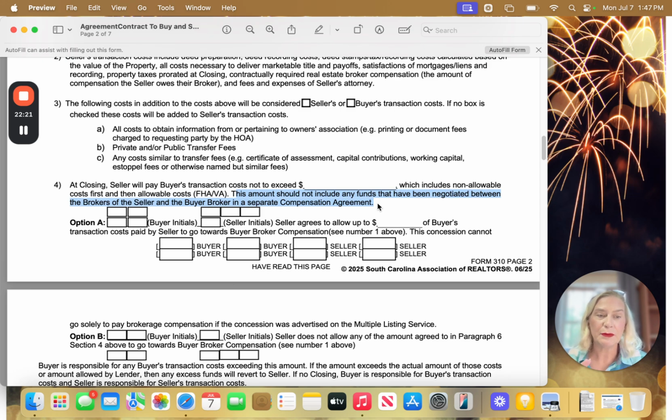You would actually put 0.5% on here to include the dollar amount of any closing costs that you want them to spend. So in other words, if the buyer wants you to ask for $5,000 in closing costs and you're owed an additional $1,000 under the buyer agency agreement, then you would put $6,000 here.